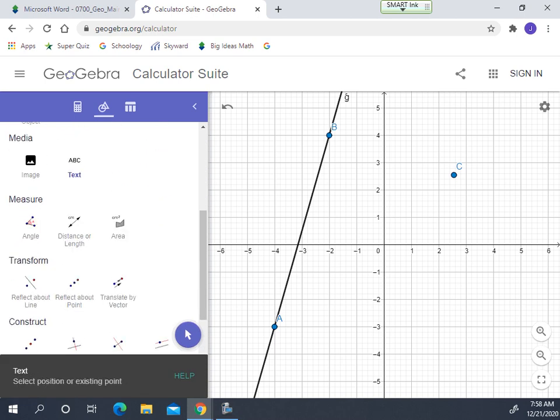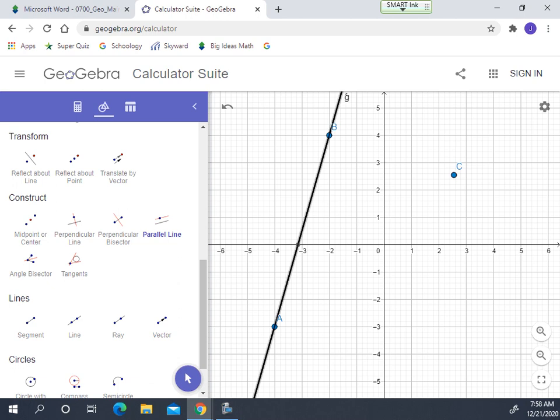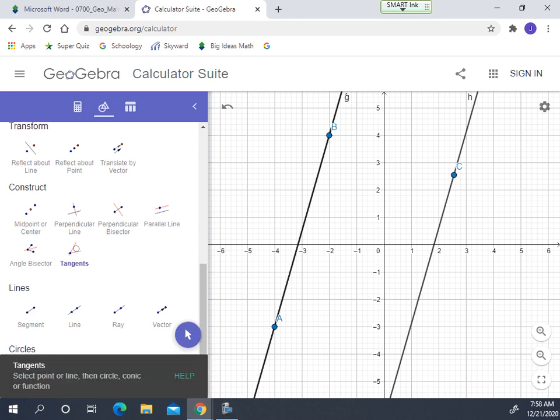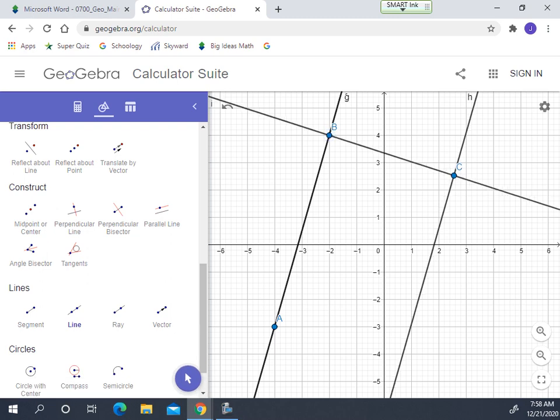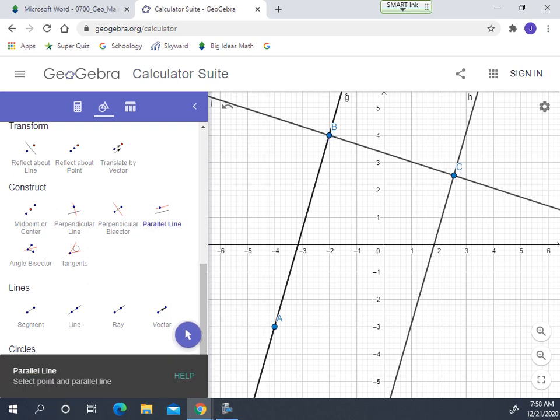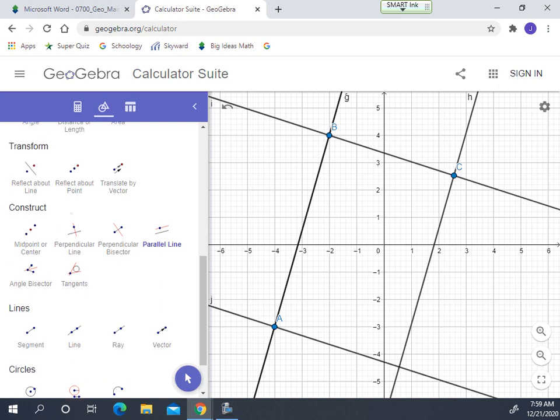Now I want a parallel line to here. I'm going to click that line and then point C. I'm going to make another line between B and C, and then I want a parallel line from that line to A. There's our parallelogram.